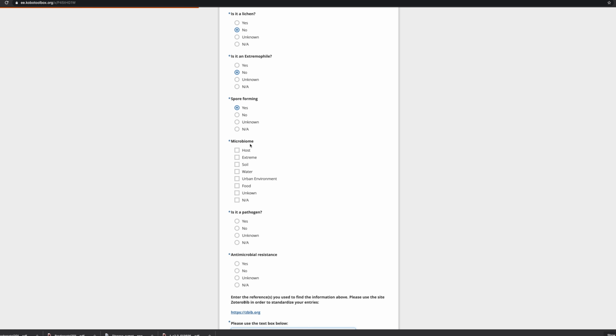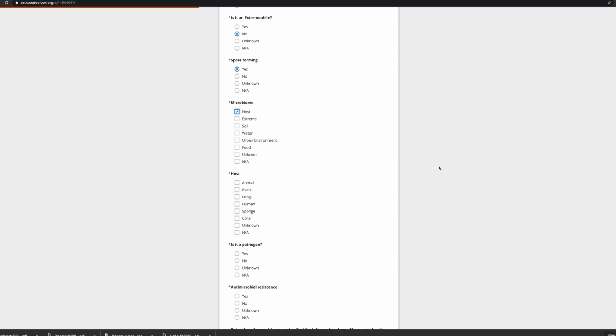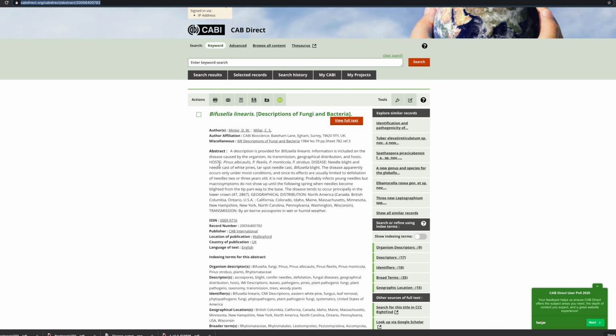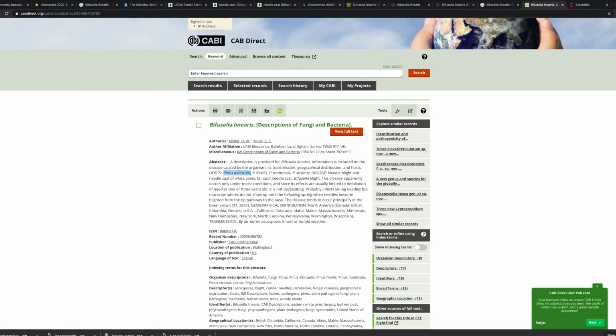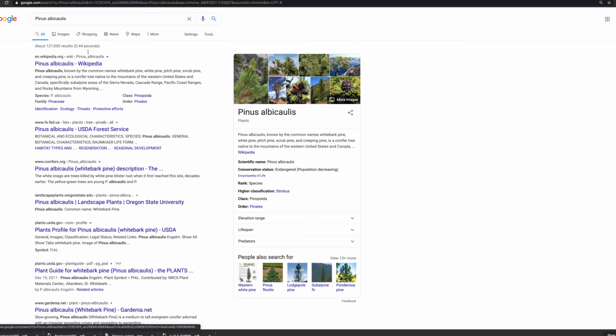And we know that it has a microbiome, and the microbiome is the host that this fungi colonizes, and we know it's a pine, and we're going to select plant. If you're actually curious about what this species is, which is the host species, you can look at pictures and see what this looks like.